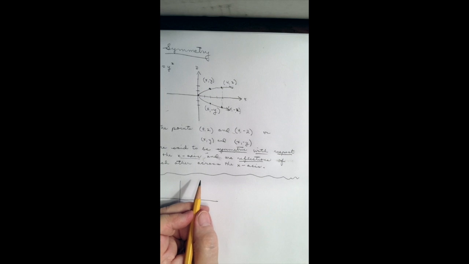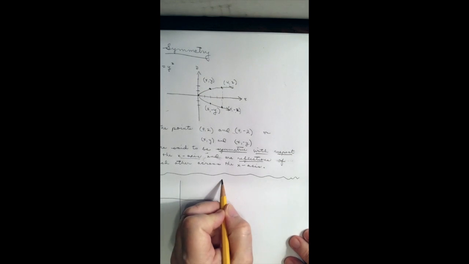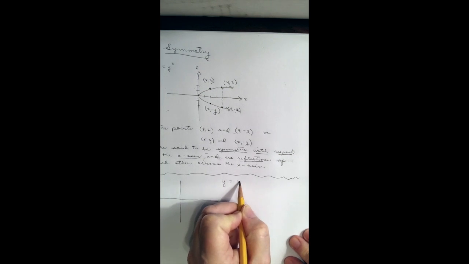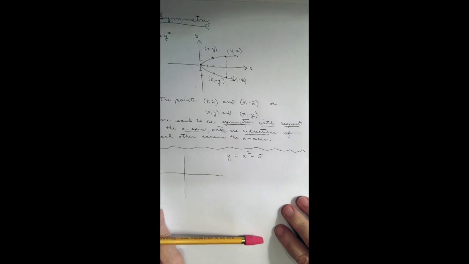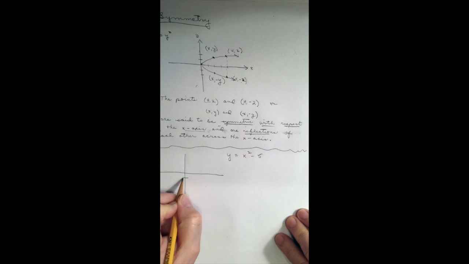of y equal to x squared minus 5. We find that that will go through the point (3, 4) and (-3, 4).